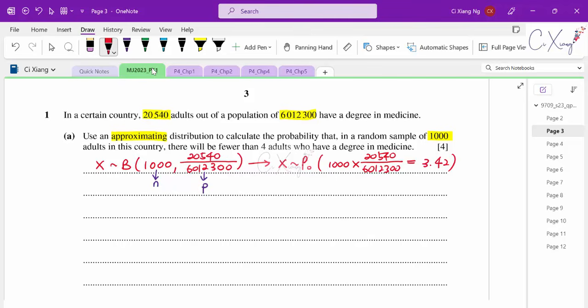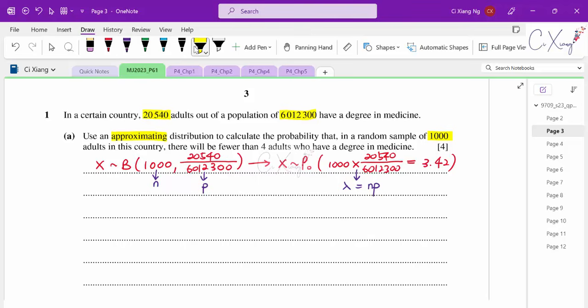Of course, if you want it to be more accurate, you can keep your lambda as long as possible so that later you can get a more accurate answer. So to get the lambda, it equals n multiplied with p. So for you to recall, that is how we change binomial become Poisson.